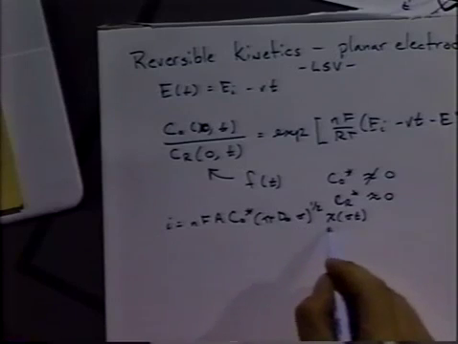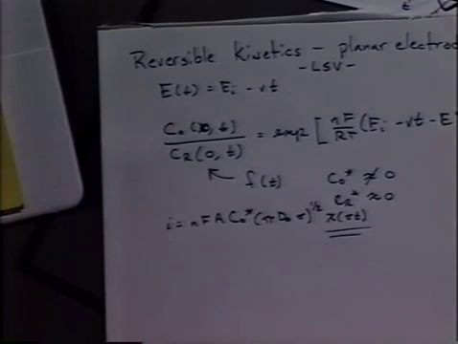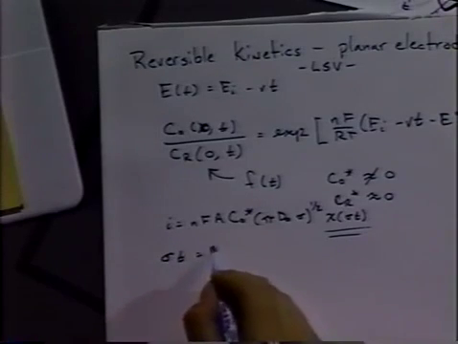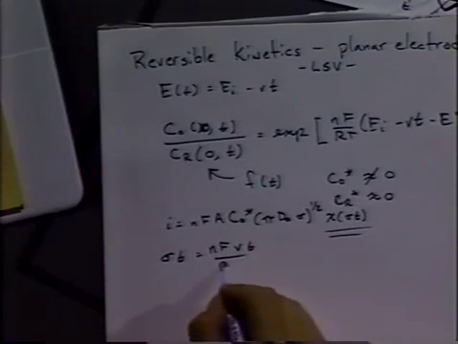Where we have this part here, they call a current function. And sigma t is equal to nF vt over RT.